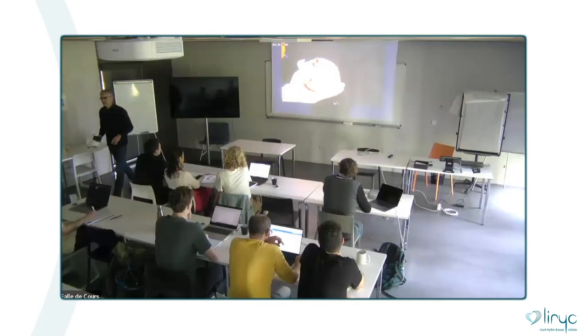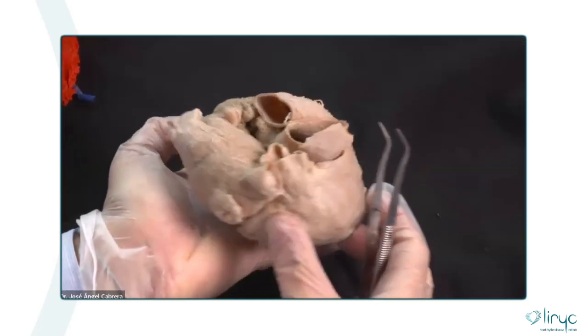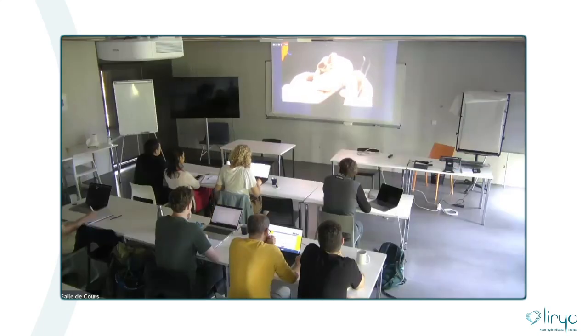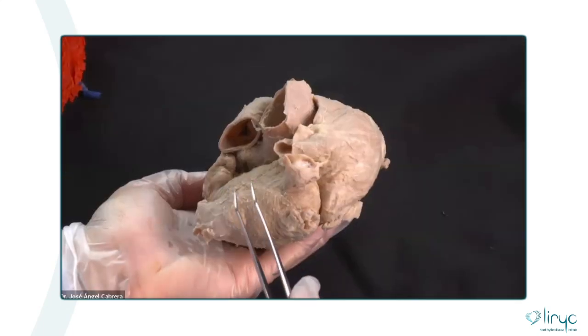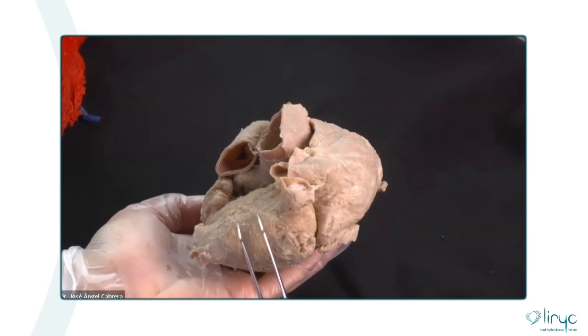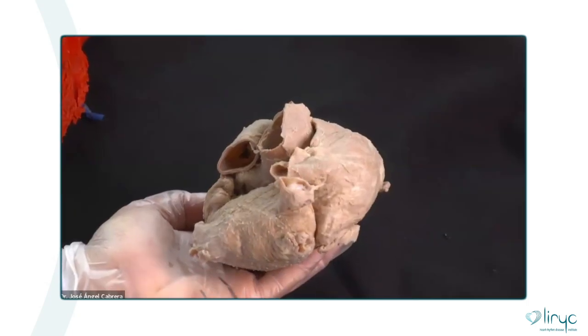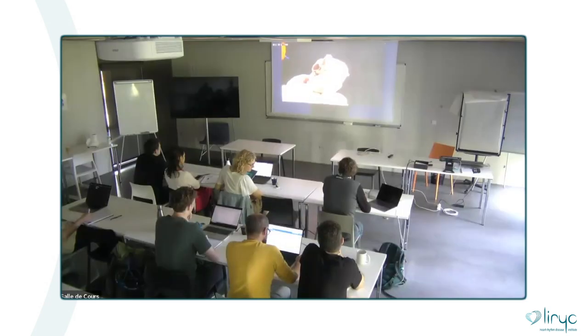My left hand is the diaphragm, and now this is the correct orientation, and you can see that this is the left atrium and this is the right atrium, and the only posterior chamber in our heart is the left atrium.